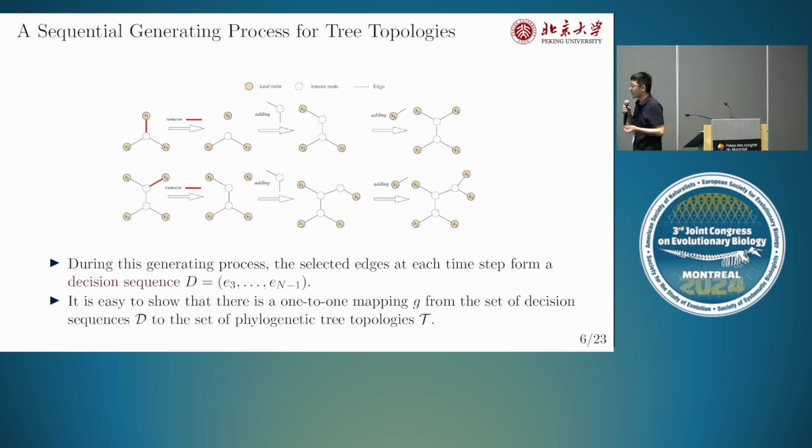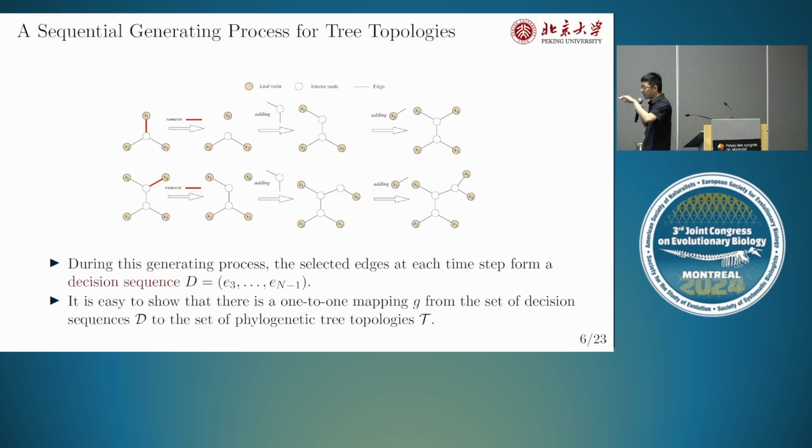The idea is actually pretty simple. Each tree can be viewed as a sequential generating process. Starting from the first 3 taxa, you have a unique tree, right? And you're gradually adding one taxon after another by attaching to the branches. Every time you have a current tree topology, you select an edge, and then you attach the new taxon to the edge, and you repeat this process until you recover the whole tree topology.